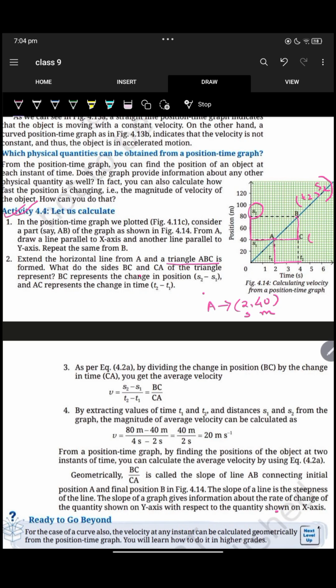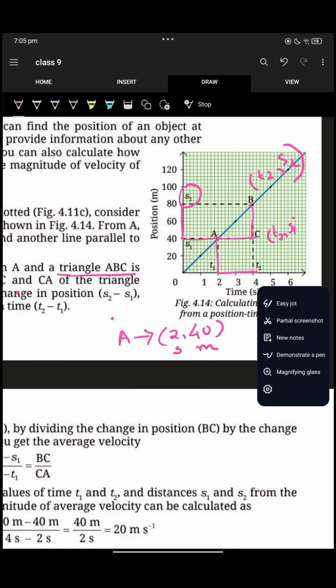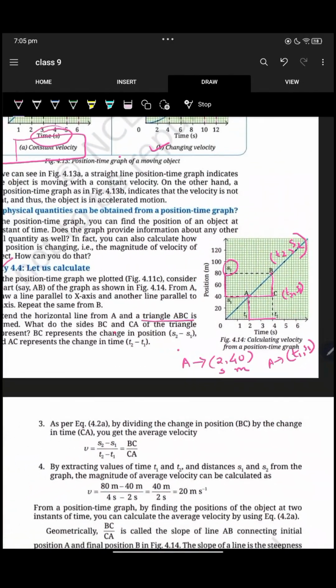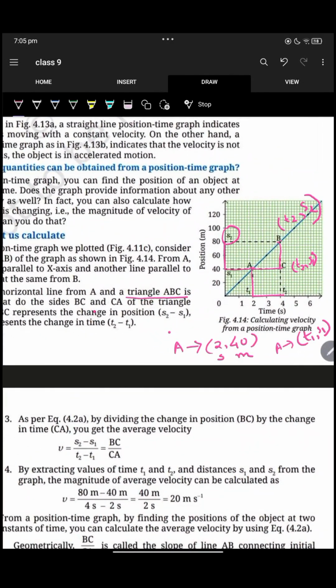At C, it is T2, comma S1. And what about A? A is T1, comma S1.